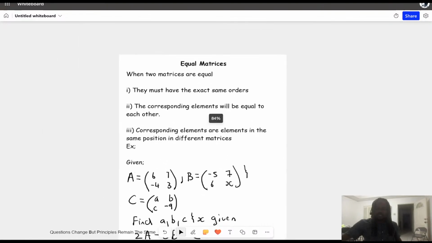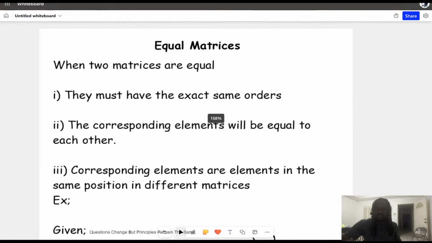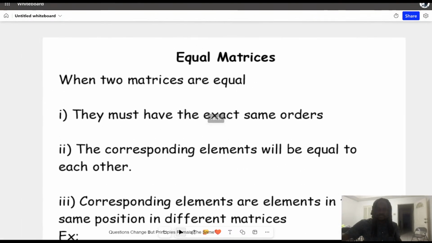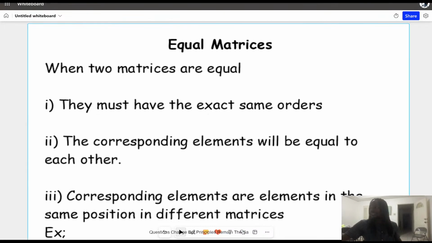So after multiplication, we now have what we call equal matrices. So what are equal matrices? When two matrices are equal, they must have the exact same orders. That's the first thing. The second thing, the corresponding elements will be equal to each other.